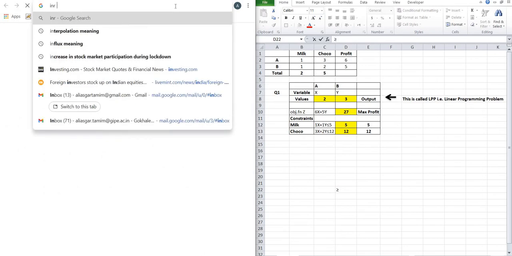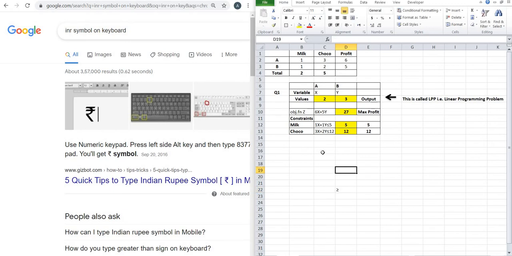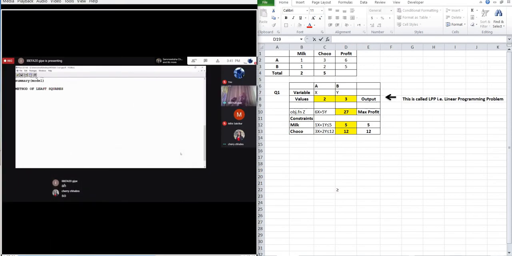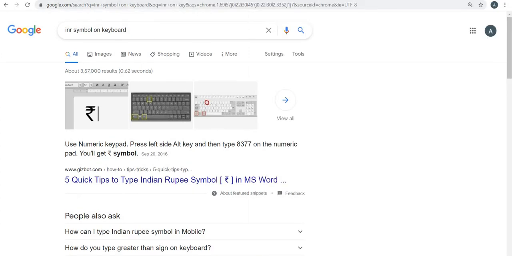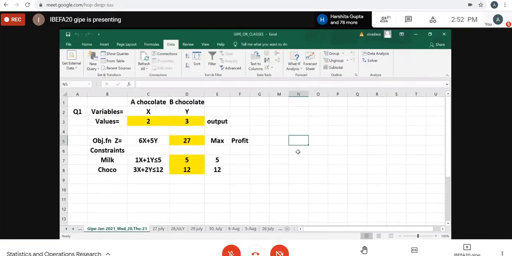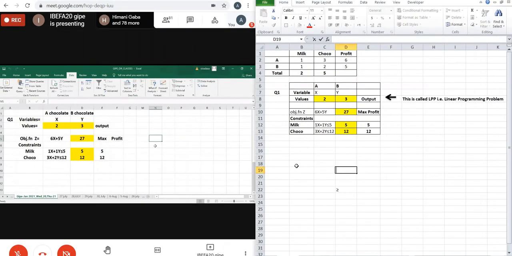Two units of A-type biscuit, three B, and the profit will be 27 rupees. No more milk, no more choco available. Yes, this is the method of solving LPP by solver.